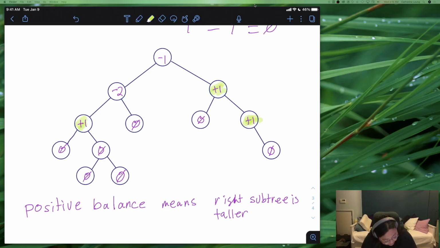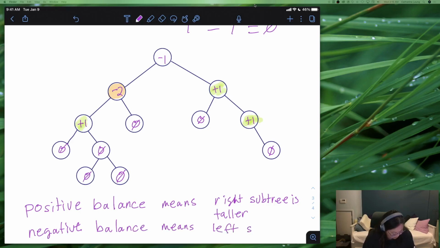If we take a look at the node over here, this -2, okay? If it is a negative value as opposed to a positive one, a negative balance, what it means is that the left subtree is taller. Okay, so the left-hand side is taller if the balance is negative.